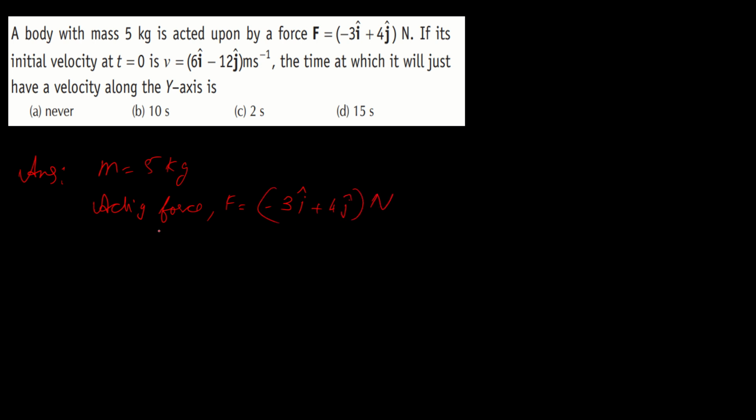If its initial velocity at t equal to 0 is u equal to 6 i cap minus 12 j cap meter per second, then the time at which it will have a velocity along the y-axis is.